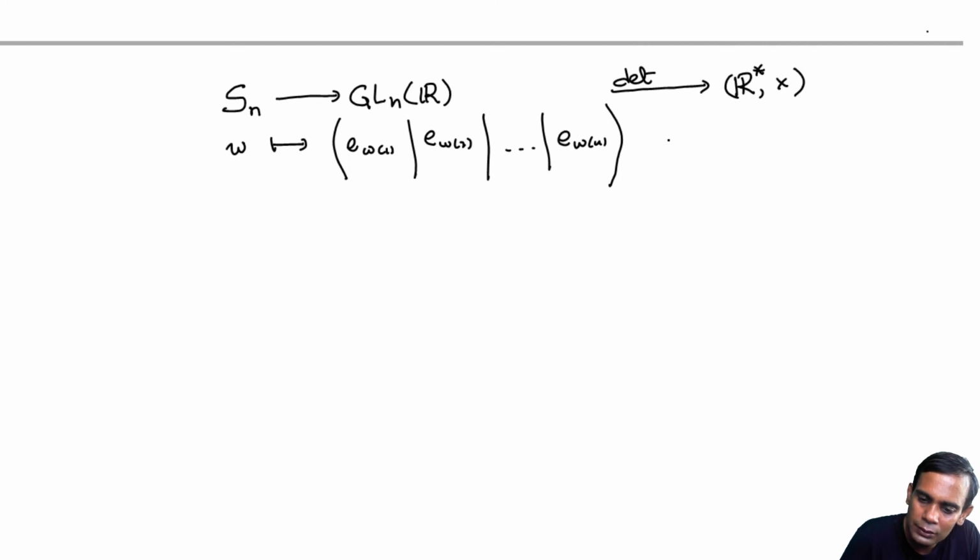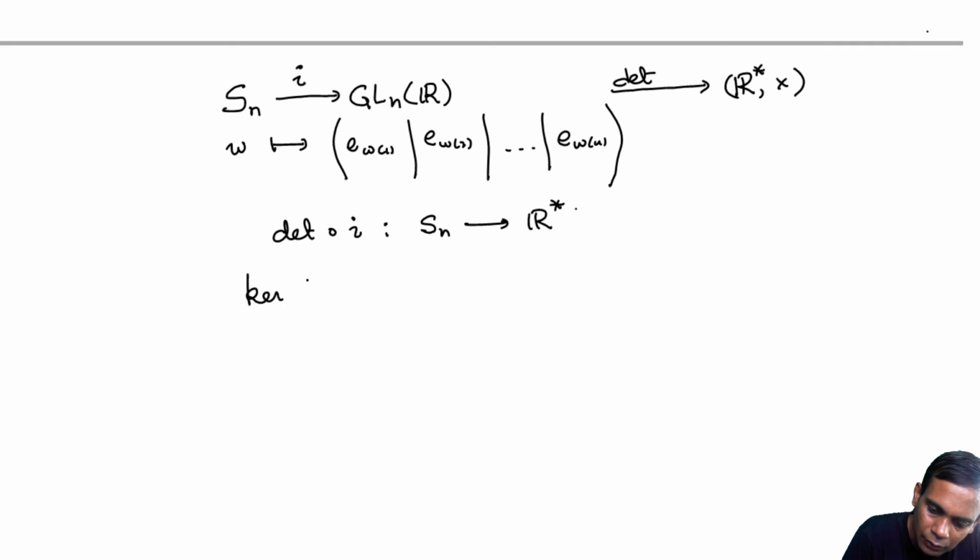If you compose this, calling the first map i, then determinant composed with i is a homomorphism from Sn to R star, and the kernel of determinant composed with i is what is called the alternating group An.